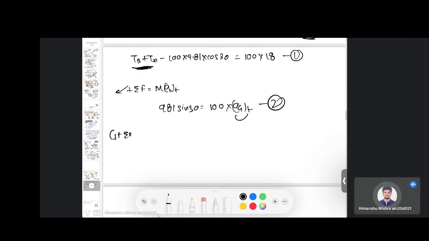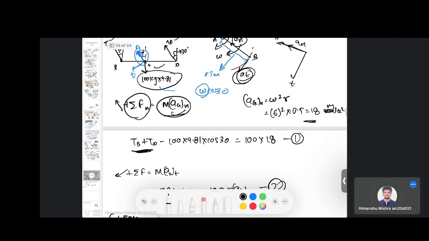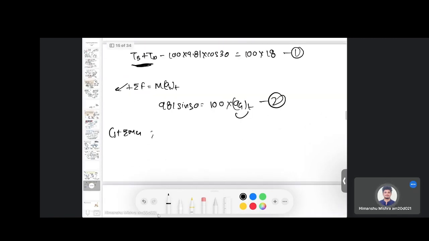If I take the moment about point G here, the summation of moment equals 0.